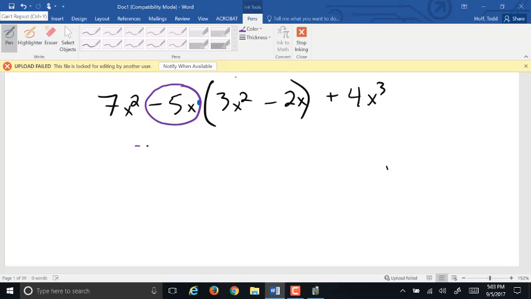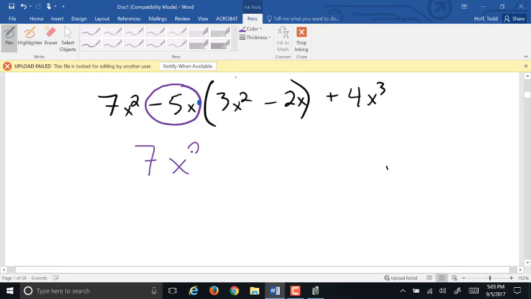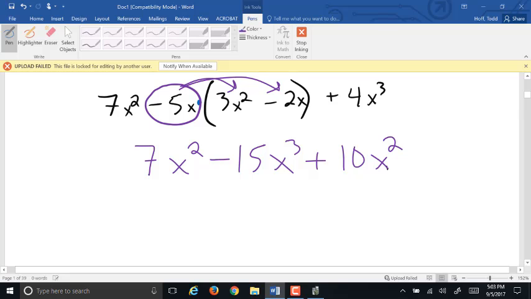Negative 5x times 3x squared is negative 15x to the third. Negative 5x times negative 2x is plus 10x squared. And then we still have the positive 4x to the third at the end.